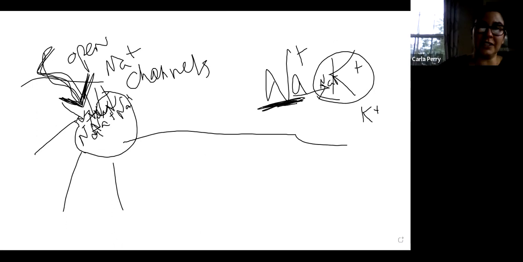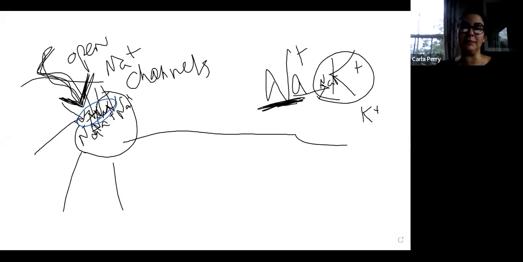So if this region here, let's make it blue, was originally negative 70 millivolts and some positive sodium entered, would it still be negative 70 millivolts? No, it wouldn't. And it goes stepwise more positive. Remember, sodium is a positive ion.